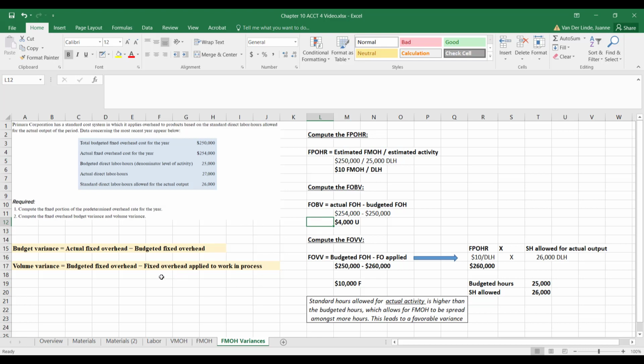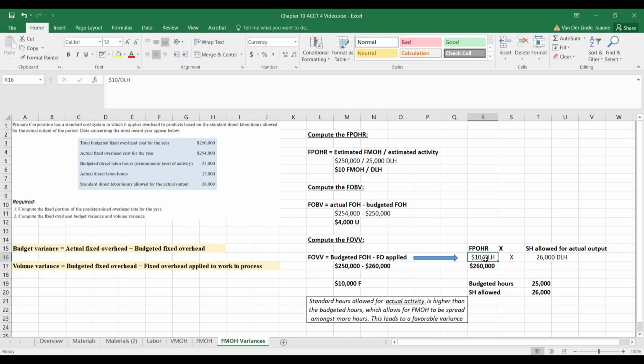Now the volume variance is a little bit different. The volume variance is where we compare the budgeted fixed overhead to the fixed overhead applied to work in process. So we know what the budgeted fixed overhead is, right? That's the $250,000, or in other words, it would have been that fixed POR of 10 times the budgeted hours of 25,000, but it's the $250,000. We're going to compare that to the fixed overhead applied, and how do we find that?